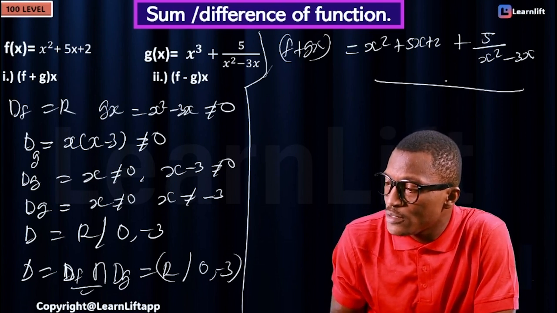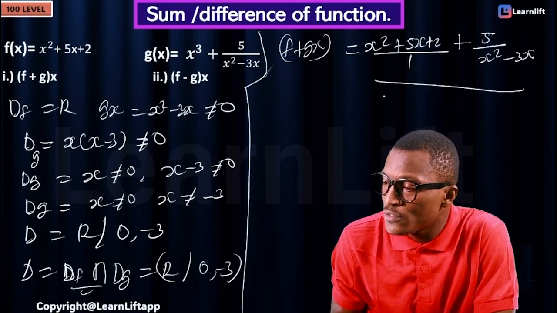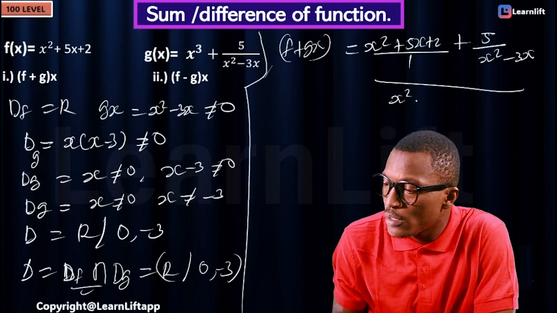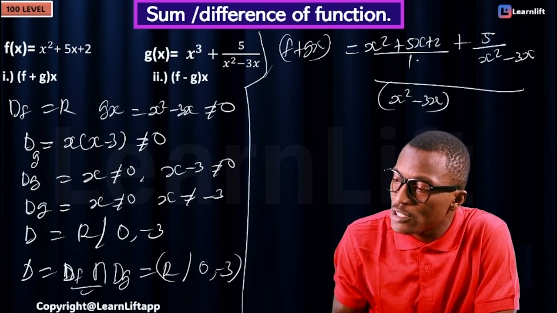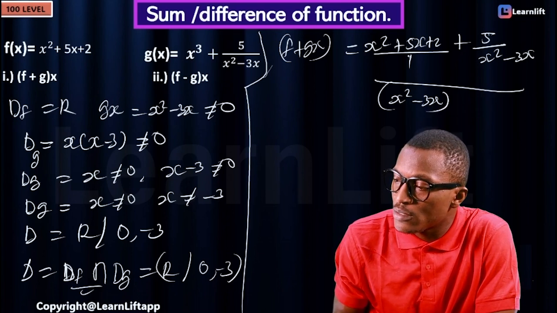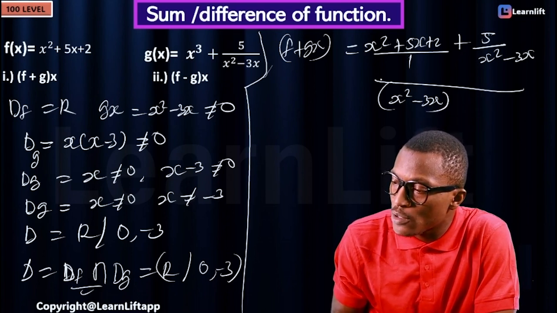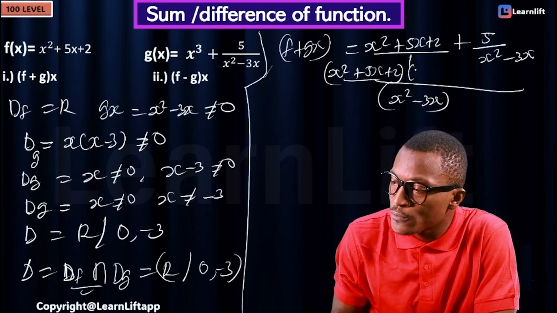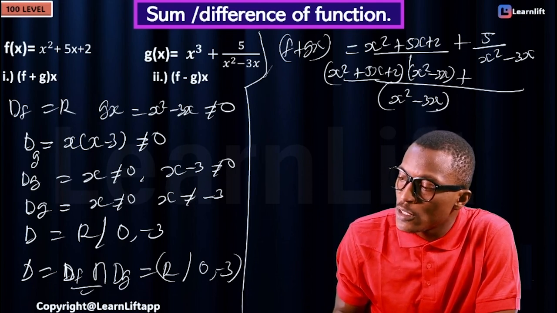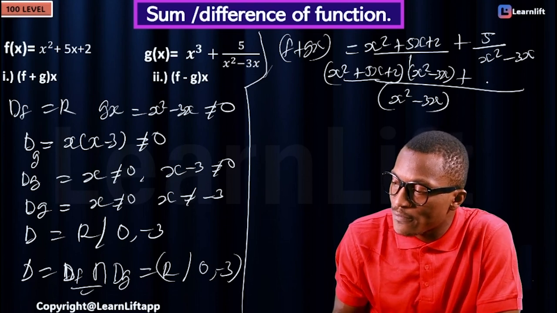The LCM here, this will be over 1 now. So it will give me x cubed minus 3x. The LCM here will be this times 1, this divided by this. So it now becomes x squared plus 5x plus 2 bracket times x squared minus 3x, plus this cancels this, 1 times 5.